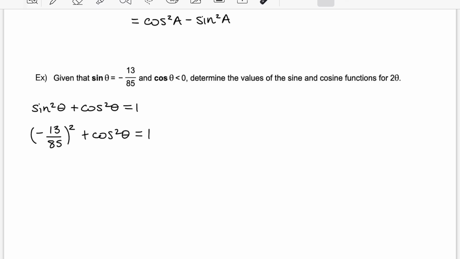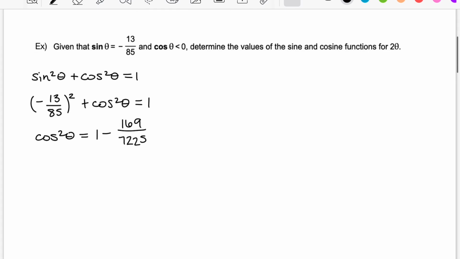So we'll have that fraction, and if I were to subtract that fraction on both sides, we'll get cosine squared theta alone. We'll get cosine squared theta is equal to 1 minus 169 over 7,225. Now, what we'll do is simplify the right-hand side.